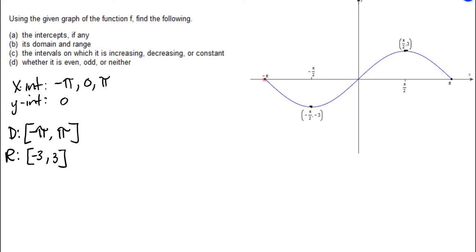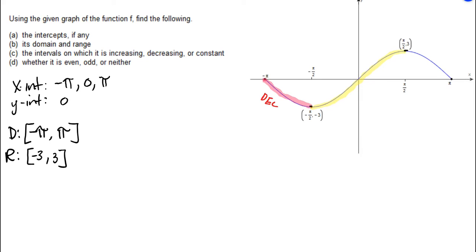So starting at the furthest left, my y values are decreasing. So let me make note of that. That's decreasing here. And then I'm going to change colors because at this value right here, the y values are now increasing as I trace from left to right.